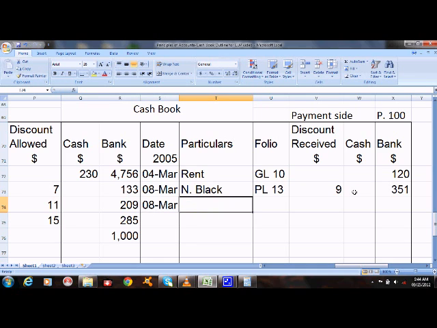March 8, P Tours, PL 14, and then we're going to find the percentage.